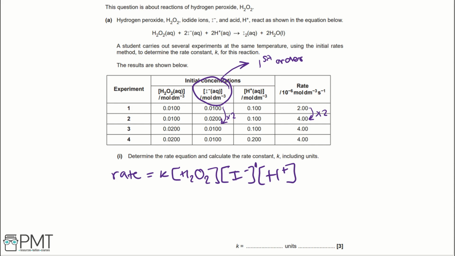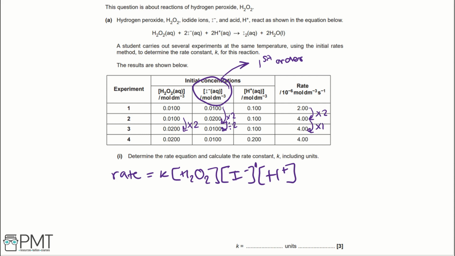Then we continue to look. If we know that I- is first order, then when it's dividing by 2, hydrogen peroxide is increasing by times 2 and H+ is staying the same. Well, the rate is increasing by times 1. It isn't changing.